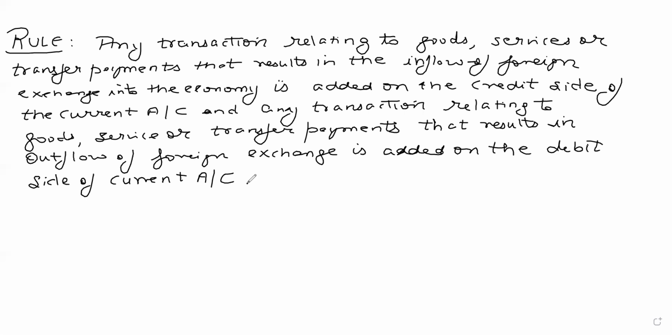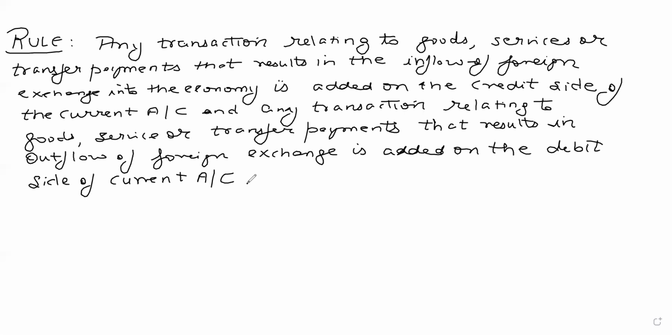So very simple. If we go by this rule, any transaction which is causing the foreign exchange to come into our country will be added on the credit side of the current account and will lead to a surplus.